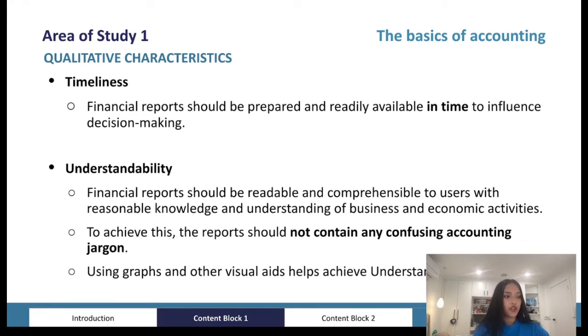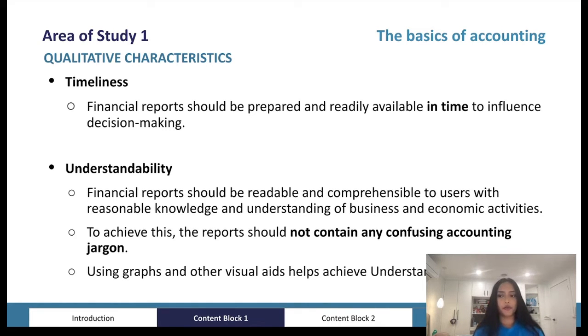Timeliness means that we should prepare our reports in time to influence business decisions, so don't prepare them too late. Obviously, if we're reporting for February, we don't want the report to be ready in, I don't know, May, because by then February was a long time ago.